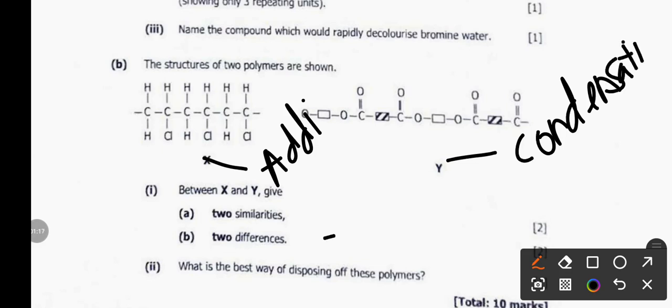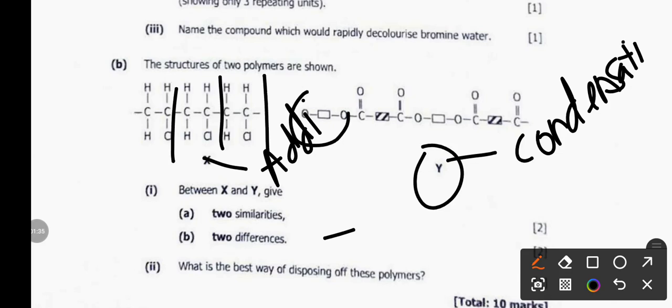Then another difference that we can give, since there are two differences, is that in polymer X, the monomers are the same. You can observe here, the monomers are the same. But for polymer Y, two different monomers are used. So we have this monomer and that other monomer.